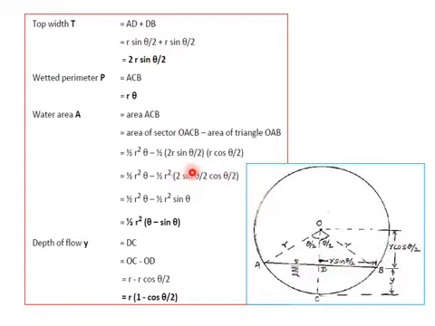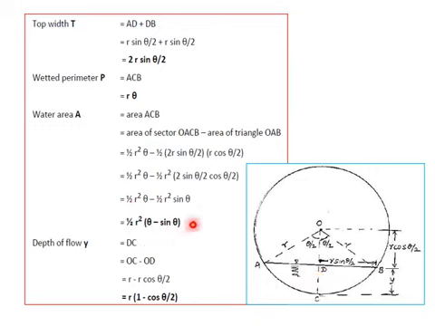So it is minus half into 2r sin theta by 2 into r cos theta by 2. That gives half r square theta minus half r square, since r and r is r square, and 2 sin theta by 2 cos theta by 2 can be written as sin theta. Half r square is common. So you can remember the formula for the water area as half r square into theta minus sin theta.